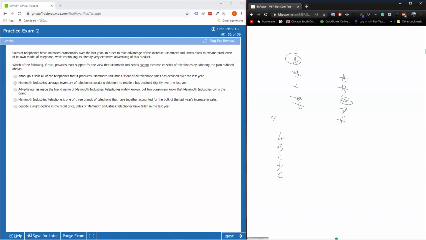So what if all the increase in phone sales is due to new competitors, something like that? Although it sells all of the telephones that it produces, Mammoth Industries' share of all telephone sales has declined over the last year. I like that, maybe. Although that doesn't necessarily mean that it cannot increase its sales using that strategy.